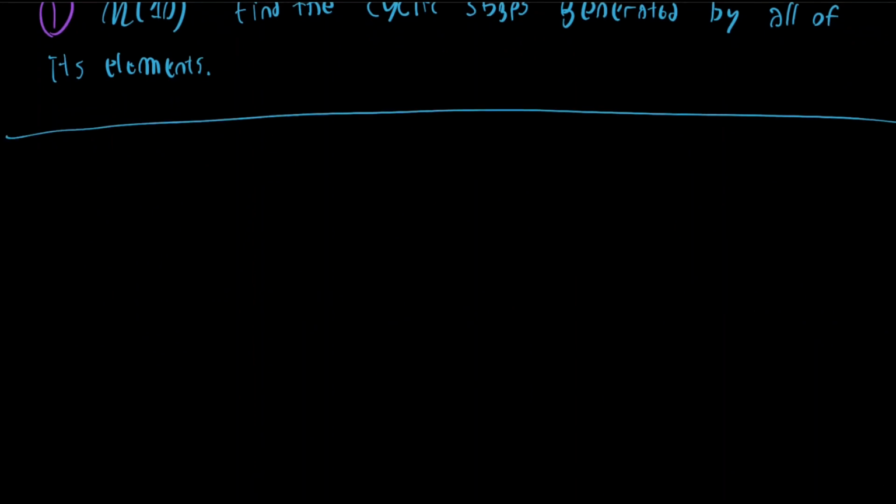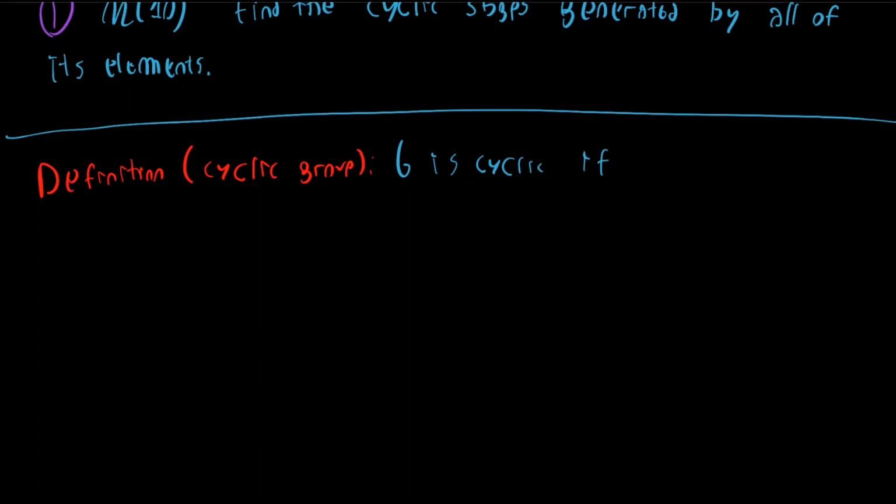Another important definition that we have to give is that of a cyclic group, because we will study this category of groups pretty intensively in the next videos. What is a cyclic group? We say that G is cyclic if there is a small g in G such that G is equal to the cyclic subgroup generated by g.